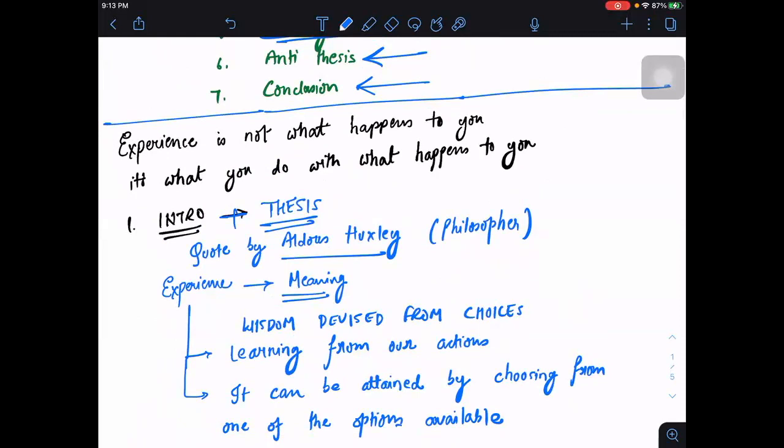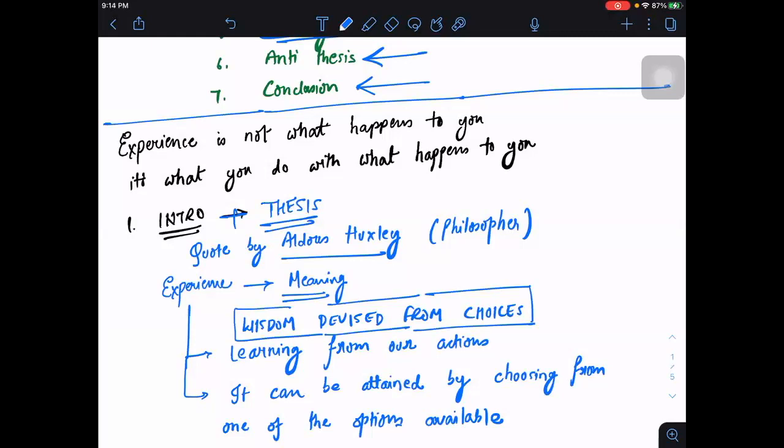So for example, experience is a keyword. So what is experience? Experience is wisdom devised from choices. This particular statement is emphasizing that the choices that we are opting for will give us the experience. It is not just the happening, but what action we are taking after the event has taken place.